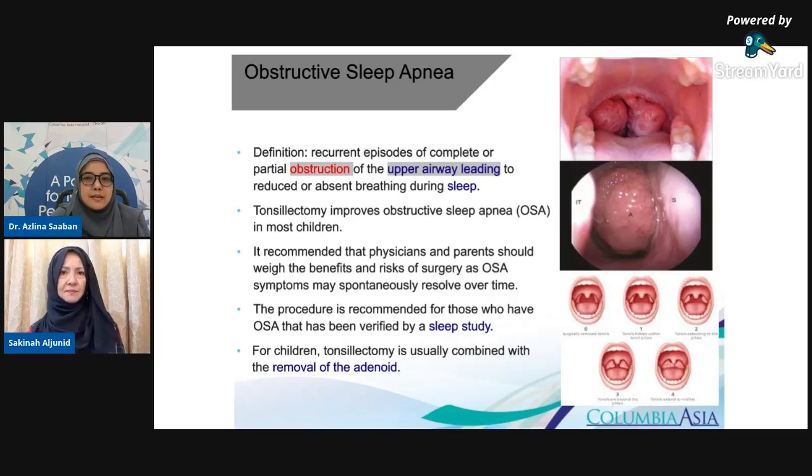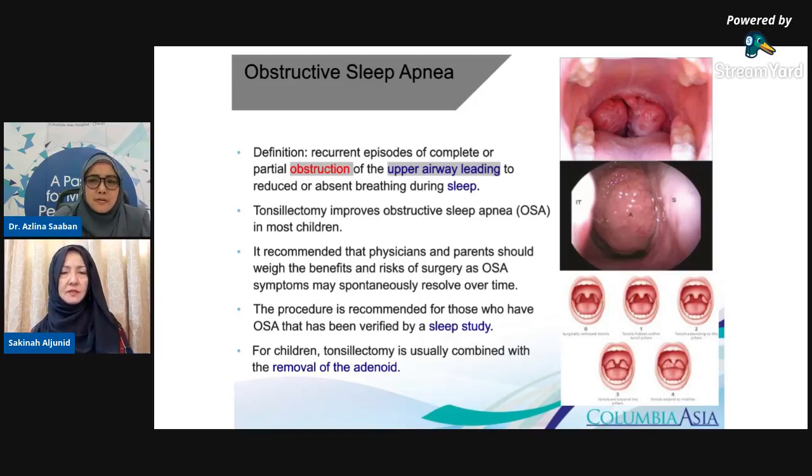When they stop breathing, the oxygen in the body is reduced. There are a few factors that cause sleep apnea, like when the tonsil is enlarged, the adenoid, which is the tonsil behind the nose, is also enlarged, and sometimes the patient is obese with a short neck. All of these contribute to sleep apnea. So part of the operation for sleep apnea is to remove the tonsil as well.